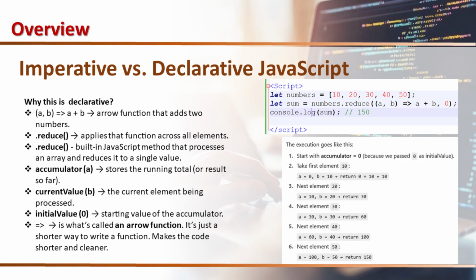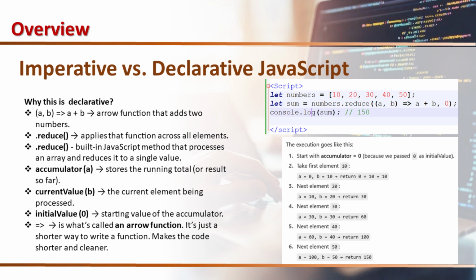The arrow function (a, b) => a + b adds two numbers, and the .reduce method applies this function across all elements of an array. The .reduce method is a built-in JavaScript function that processes an array and reduces it to a single value.